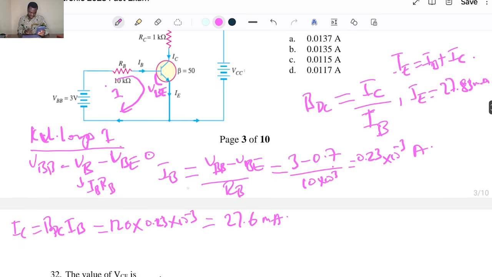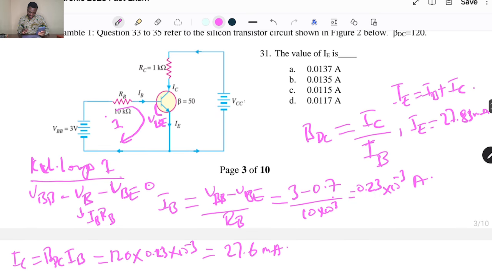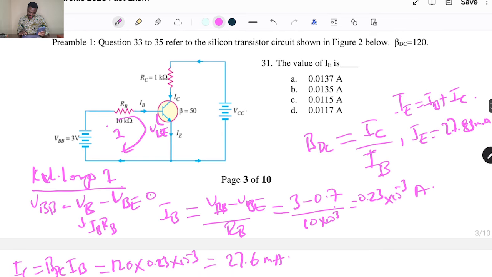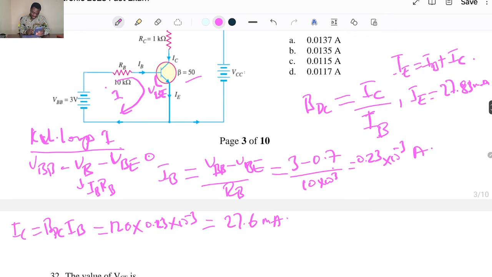Did I make any mistake? Okay. Beta is 150. Why is it written 120? So there's a mix-up here. Beta is actually 50.